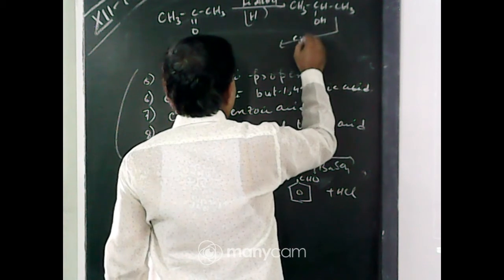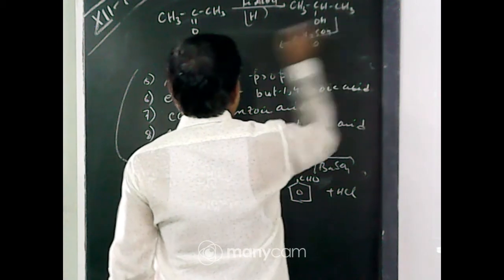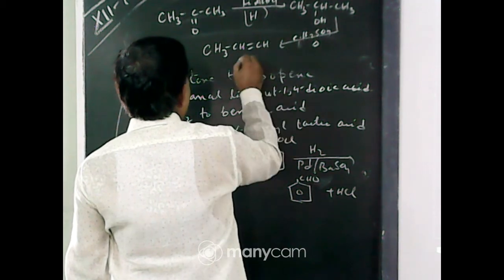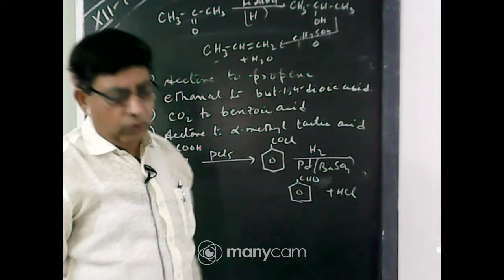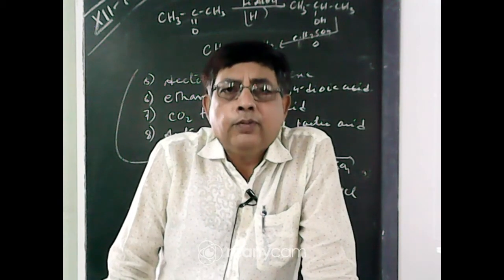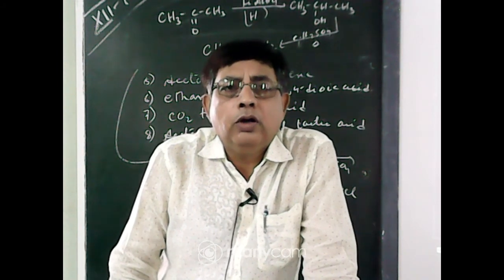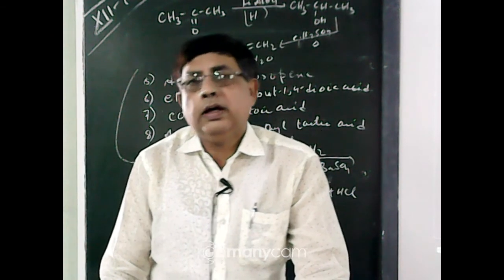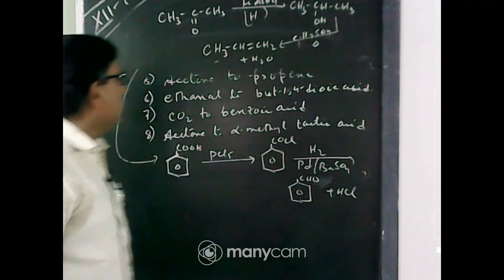Now heat with concentrated sulfuric acid, which is a dehydrating agent. It eliminates one molecule of water to form CH3CH=CH2 plus water. This is propene. So acetone when reduced by lithium aluminum hydride or sodium borohydride forms isopropyl alcohol, propan-2-ol. This propan-2-ol on heating with concentrated sulfuric acid eliminates one molecule of water to form propene, CH3CH=CH2.